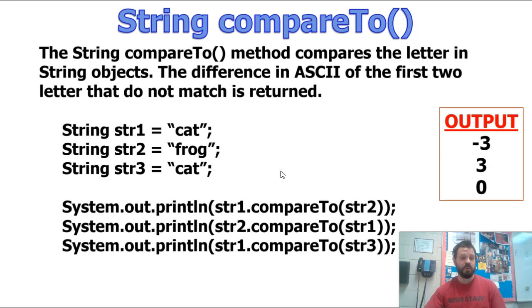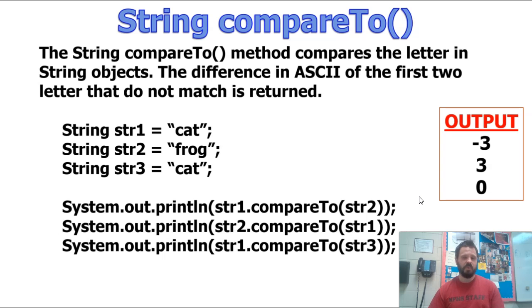If I flip that order around and go str2.compareTo(str1), so in other words I go frog compared to cat, I will get the +3, because frog comes 3 after cat. And then last thing, if I pass in the same string to the compareTo, str1.compareTo(str3), in this case I get a 0, they match, there is no difference. So one's not bigger than the other, there's a 0 difference between the two of them.